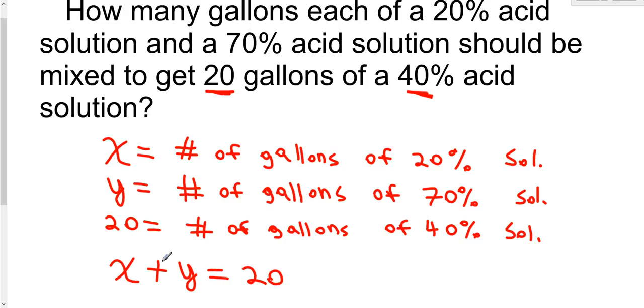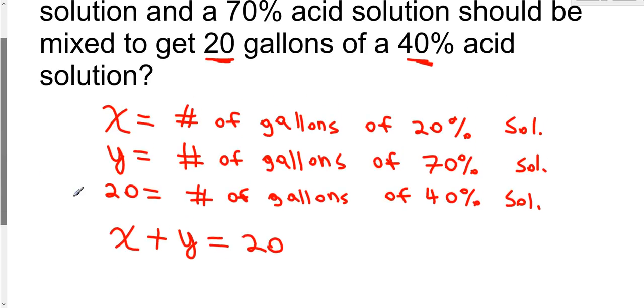So x plus y has to equal 20. Now, I have two unknowns here, x and y, so I need two equations in order to figure out either one. The next equation is going to involve the amount of pure acid in each solution.